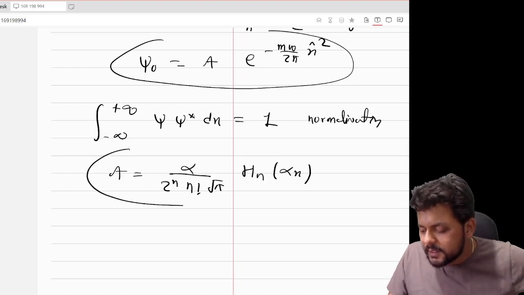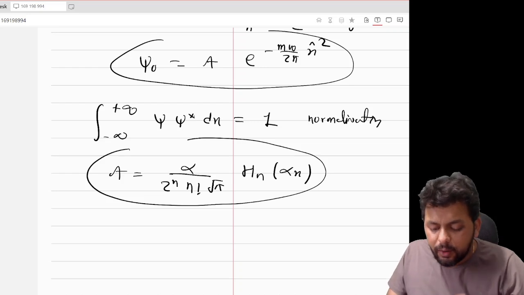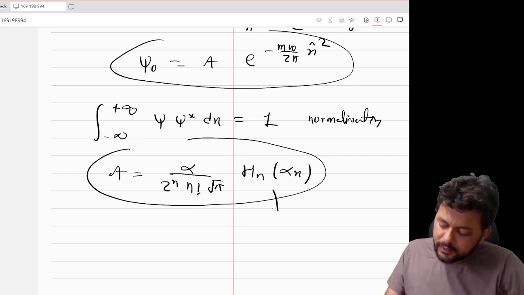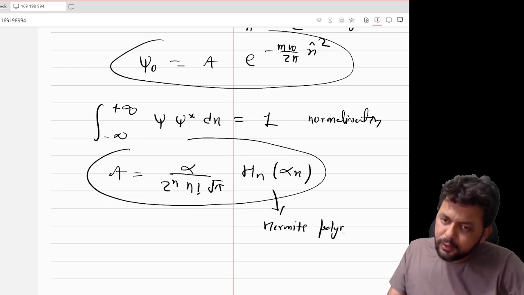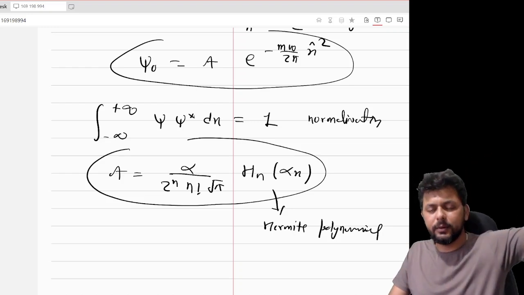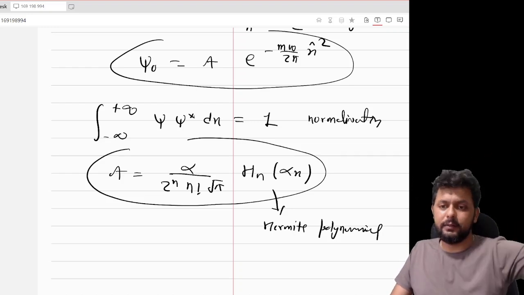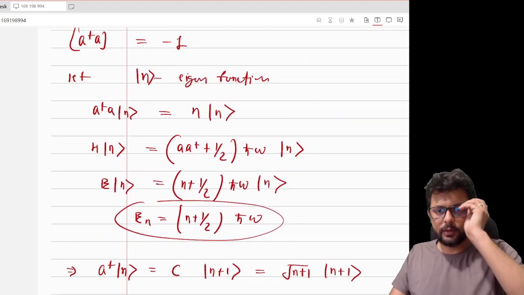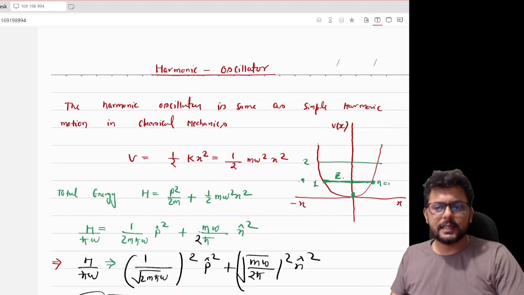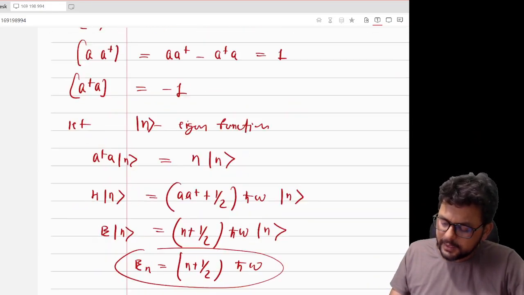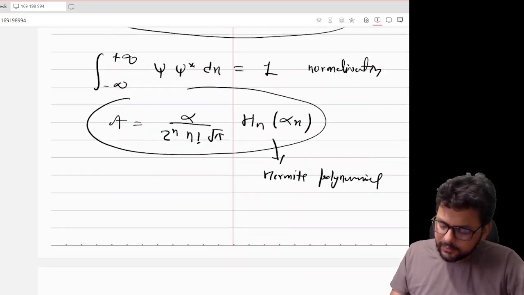So what is this? This H n of alpha x is again a Hermite polynomial. You can study Hermite polynomials in mathematical physics. When we start mathematical physics, we definitely study Hermite polynomials. I feel this lecture is a little bit difficult, and you can see the wave function also.